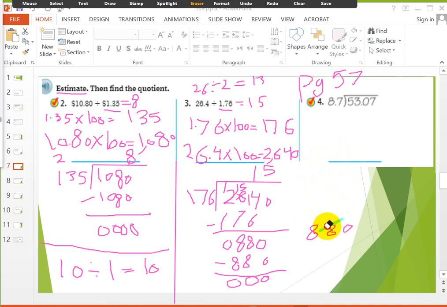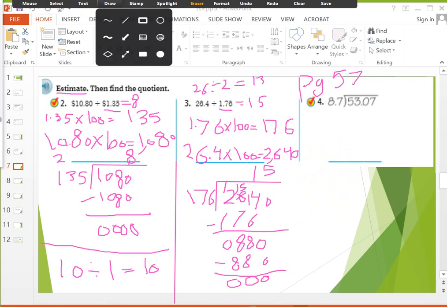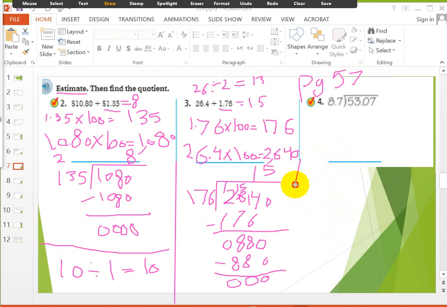Okay, now let's do number 4. In number 4, I will erase this. I want to divide here 53.700 by 8.7 tenths. Okay, so my issue here is the divisor, so I have to make the divisor a whole number, so I have to multiply it, as Maryam said, with 10, because I have only one digit after the decimal, so it will be 87.